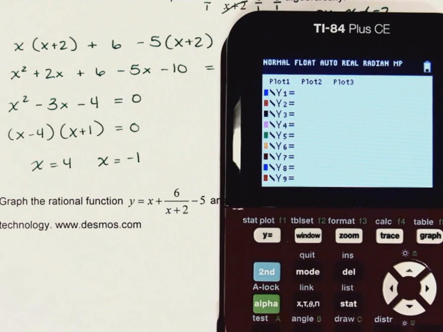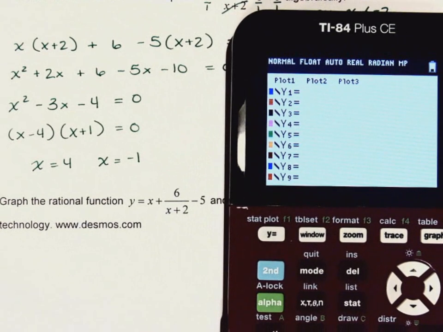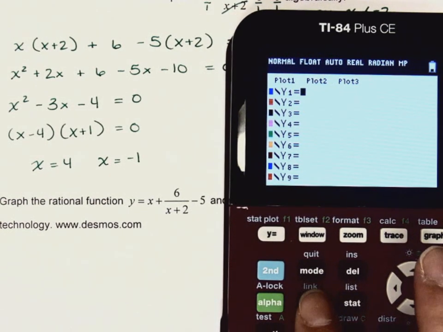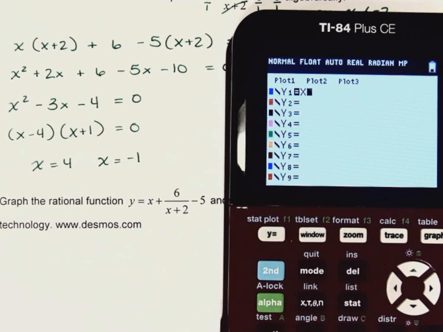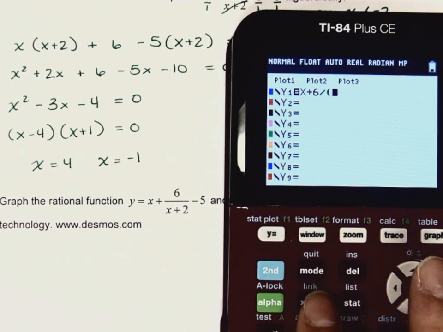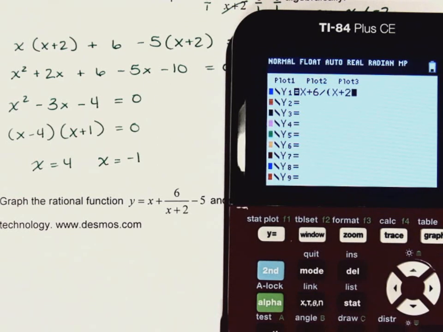Okay, so I'm putting in the same equation. So y equals x plus 6 divided by, I gotta use brackets, x plus 2, close my bracket, minus 5.